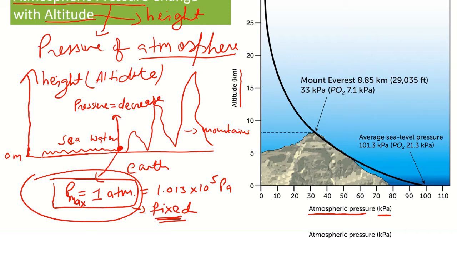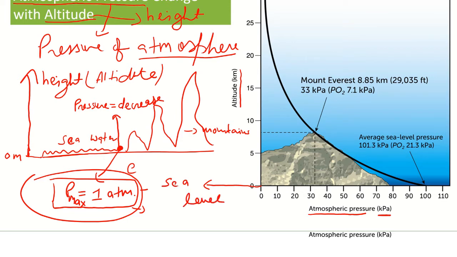So here the sea level is this horizontal line. This is the sea level, so we are standing on the sea, which means it is 0 meter or 0 kilometer.